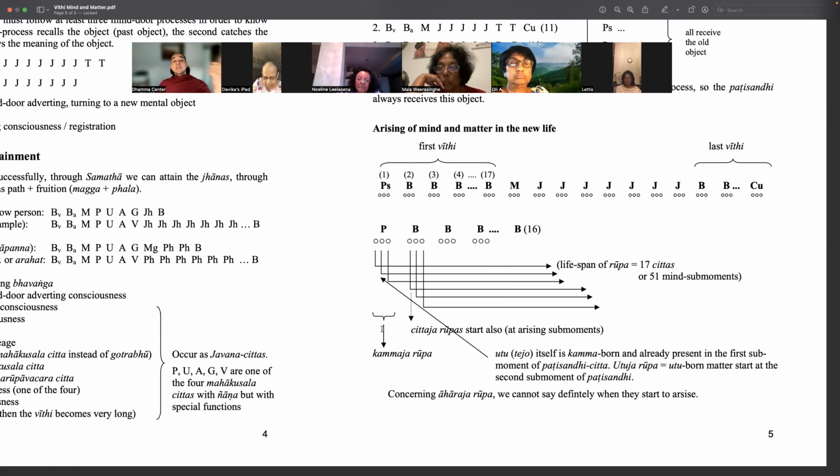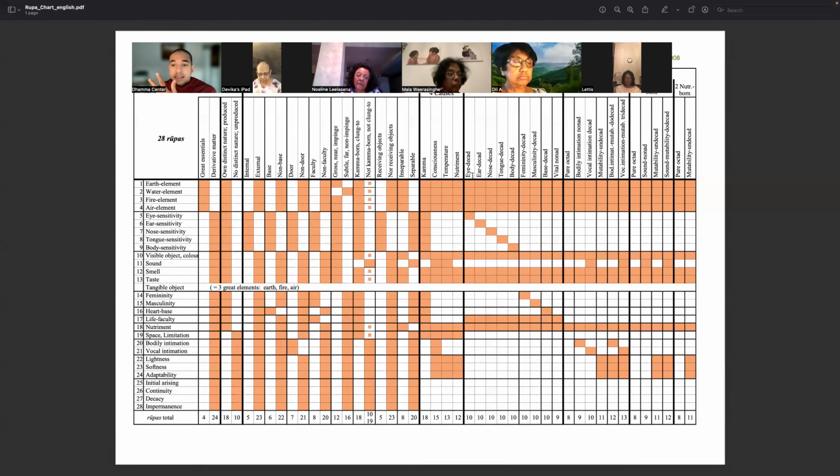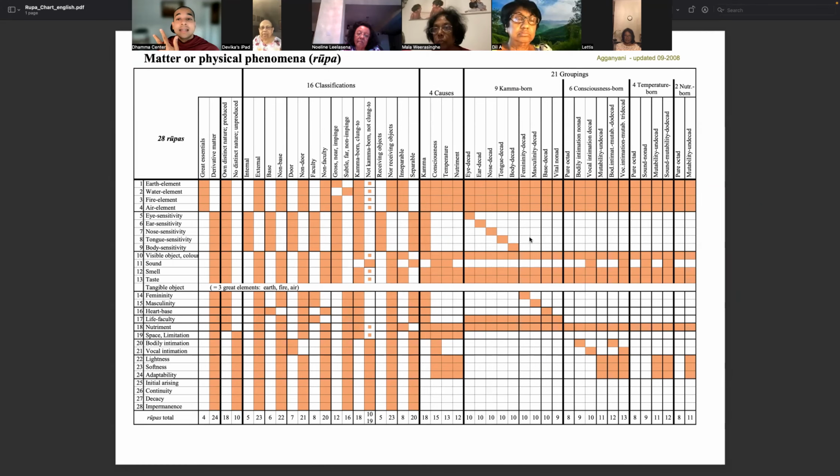During this Kammaja Rupa, there are Hadayavatthu, Bhavalakkhana and Kaya. What can we take here? Hadayavatthu, Kaya, and Bhavalakkhana.